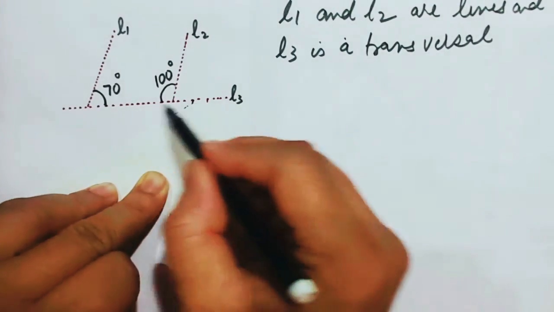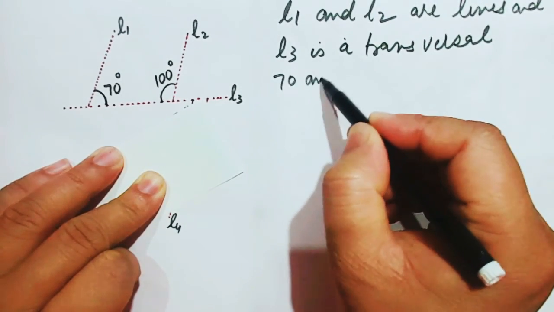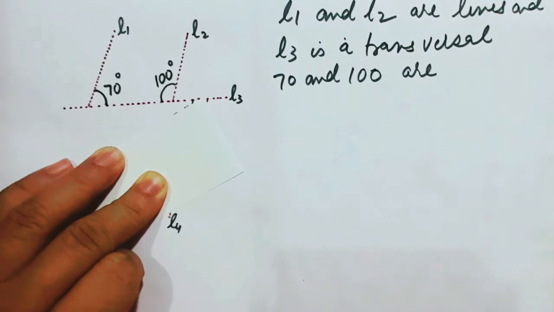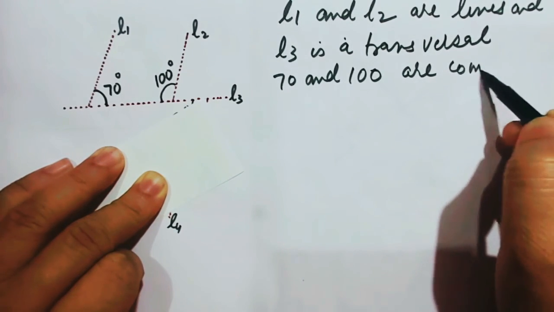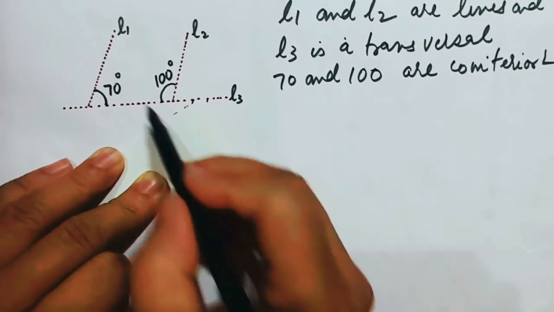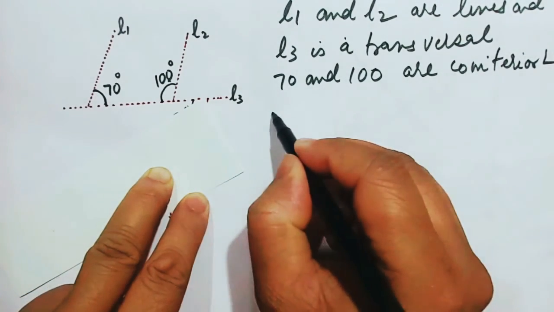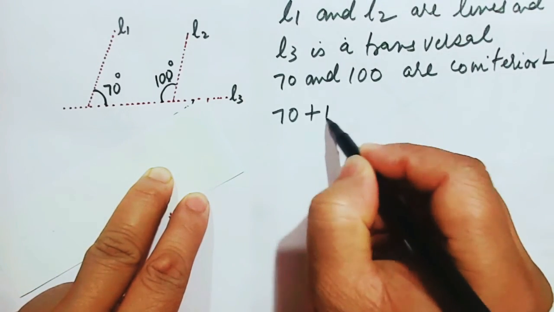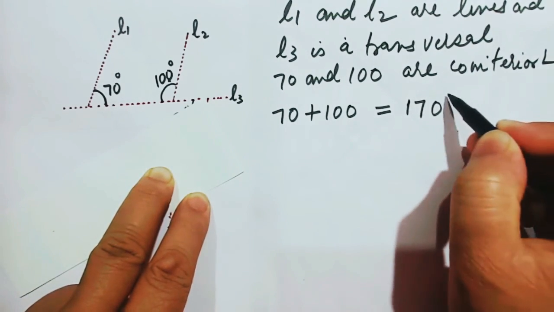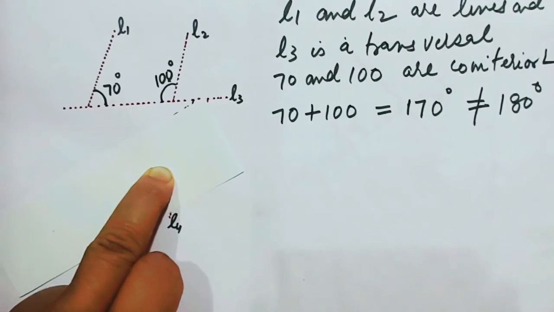Now when L3 is the transversal, 70 and 100 are co-interior angles, isn't it? When 70 and 100 are co-interior angles, when we add 70 and 100, it is equal to 170 degrees and not equal to 180 degrees.